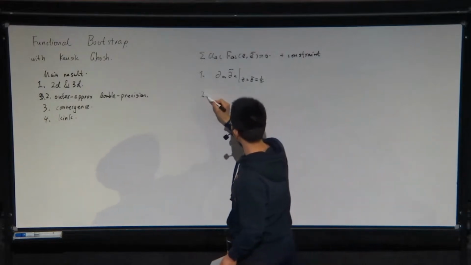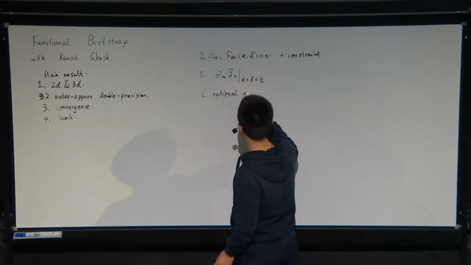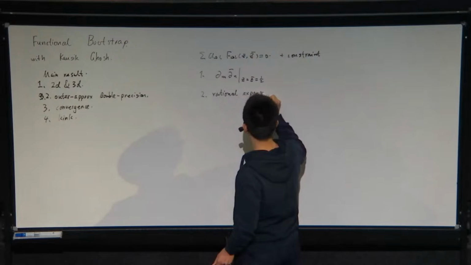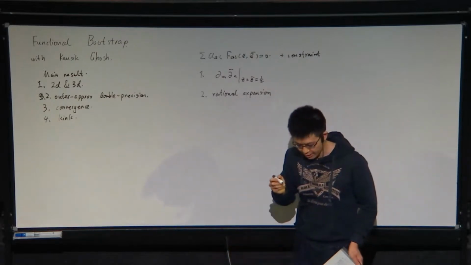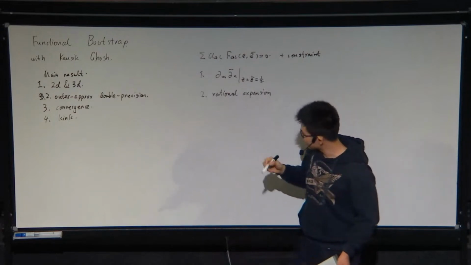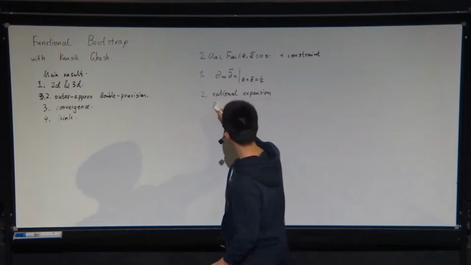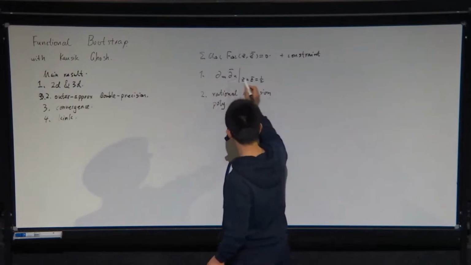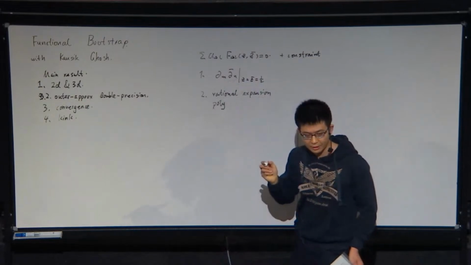And then the second is that we use a rational expansion to compute these derivatives. And thanks to this rational expansion, we can approximate all these derivatives in terms of polynomials of the delta.